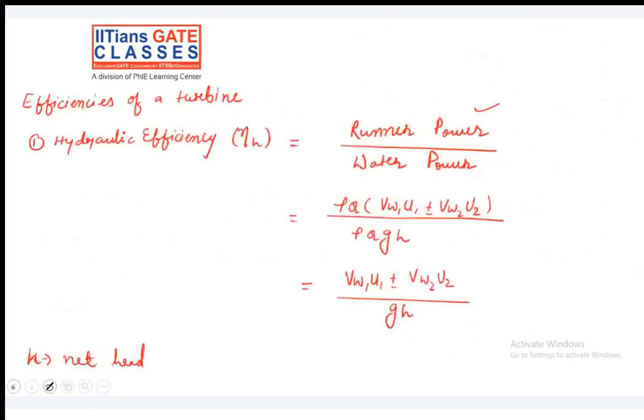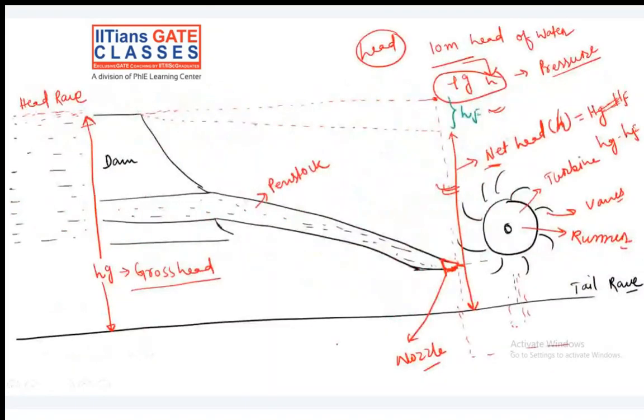See, one confusion must be arising in your mind, that from where to calculate this h, means this datum is here but the nozzle is here, so the nozzle's datum becomes this. Usually there is a very small difference between the nozzle inlet and the tail race.